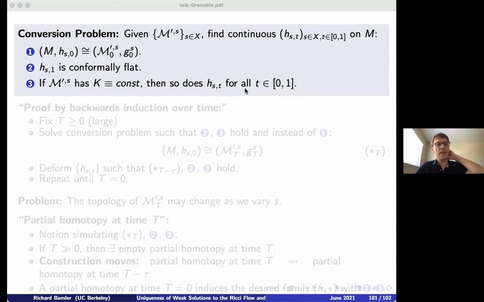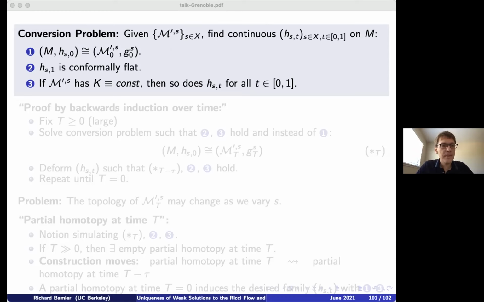Okay. So this is essentially what we want to obtain. If our flows M prime s were not singular, if they happened to be given by conventional Ricci flows, then we could just choose h_st to be the corresponding Ricci flow, appropriately rescaled and reparametrized, and then we're done. Okay? So the difficulty here is to deal with possible singularities.